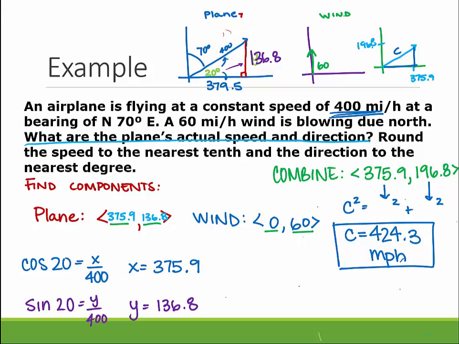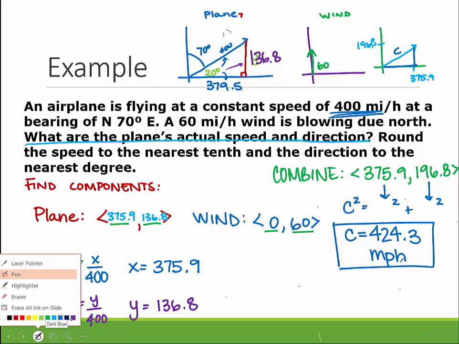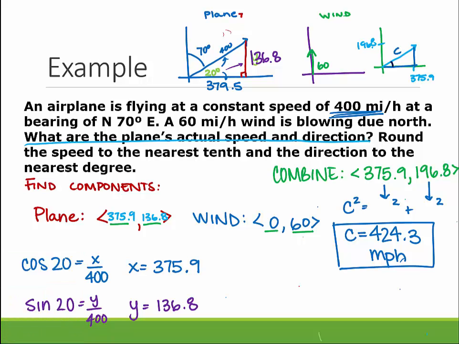So originally it was going 70 degrees east of north. We have to figure out what this new angle is right here. So again, in order to do that, we can use our trig functions. We're trying to find this angle. We know the y is 196.8 and the x is 375.9. So I'm going to use tangent.